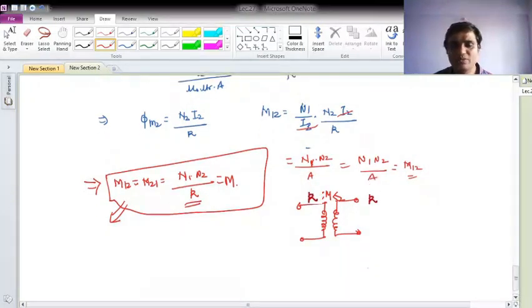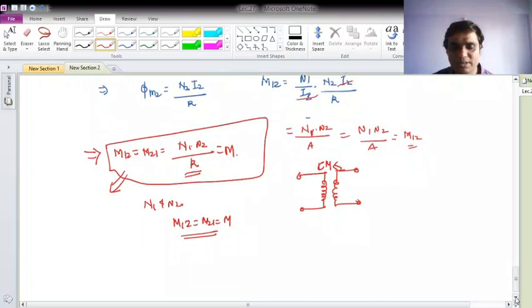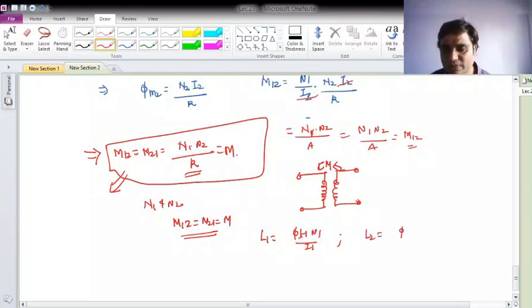So what we have done, we have discussed a magnetic core having two coils with turns N1 and N2, so that M12 will be equal to M21, which is equal to M, that is the mutual inductance. Okay, and what was the self inductance? L1 was phi1 N1 upon I1, and L2 was phi2 N2 upon I2.